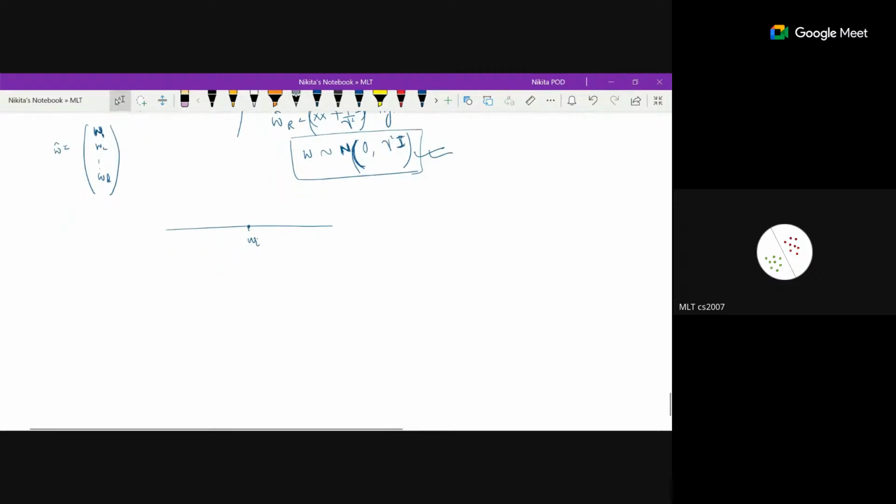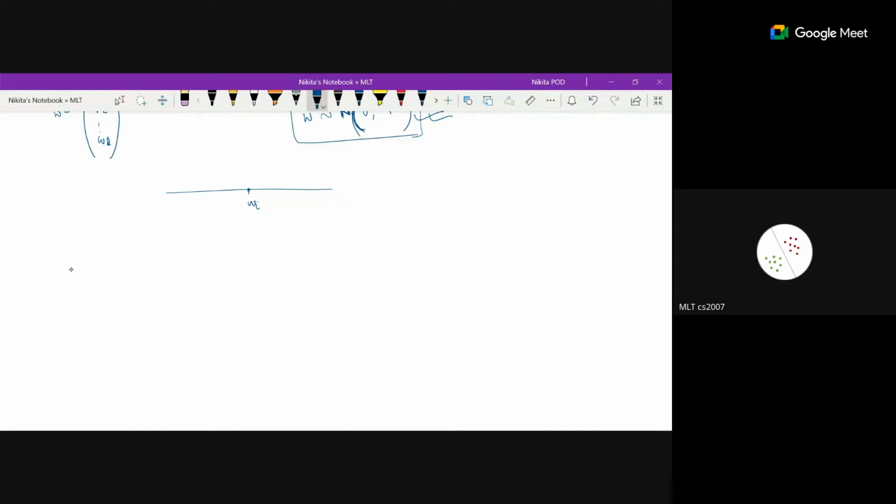For ridge regression, you want to minimize your original loss, which was the sum of (W transpose xi minus yi) whole square, where W belongs to Rd. Now it is a constrained optimization problem because in ridge regression, you have this extra term, which is lambda times norm of W square.